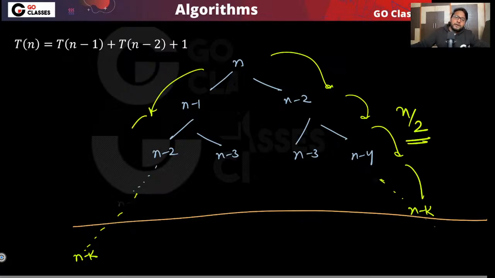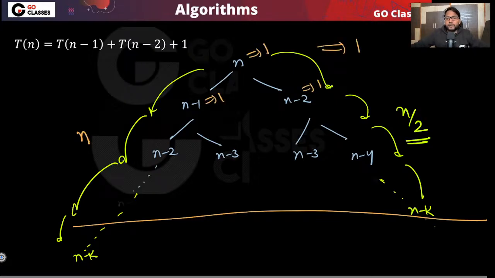At every level, how much work are you doing? Here the work is 1, here this is 1, right? So here you are doing 1, here you are doing 2, and then 1, 1, 1, 1. Here you are doing 2 square, which is 4. At every level you are doing 1, 2, and so on.